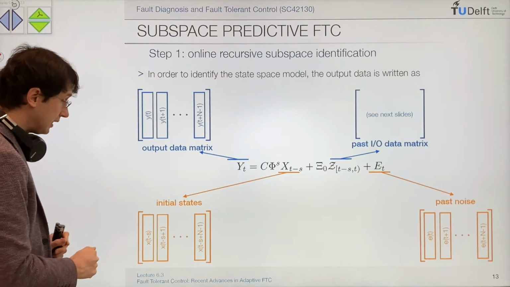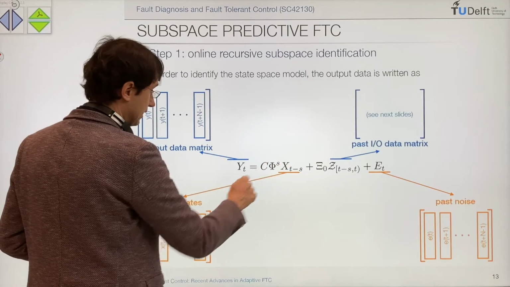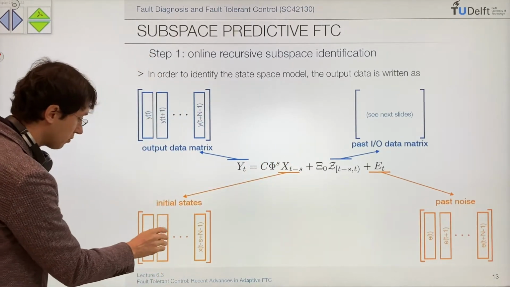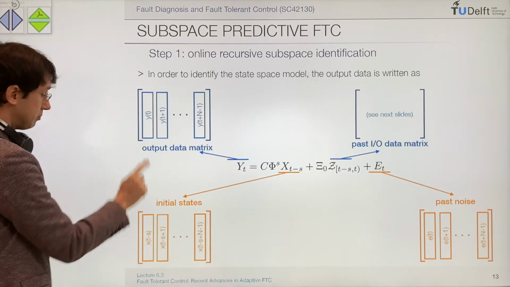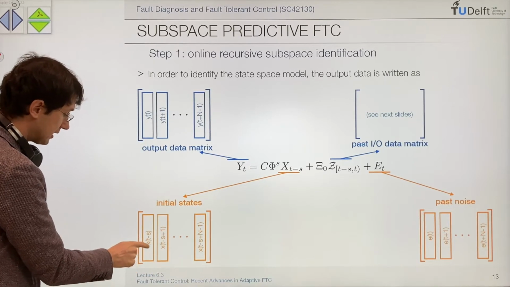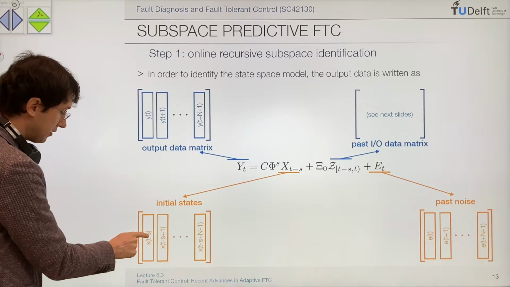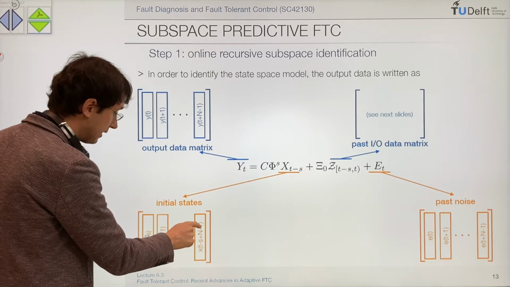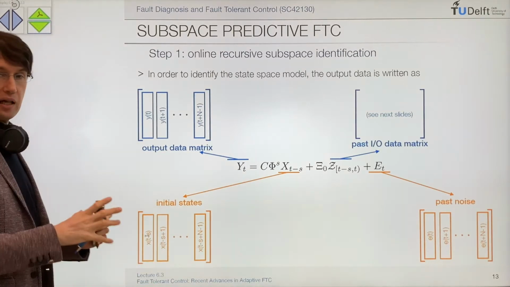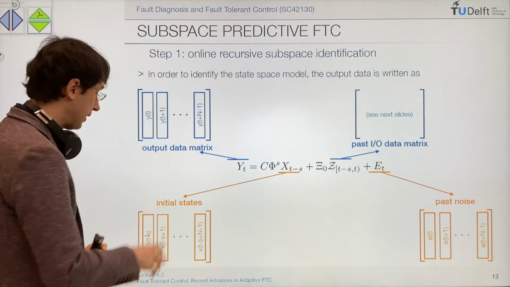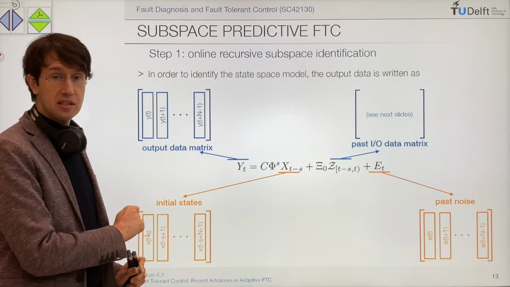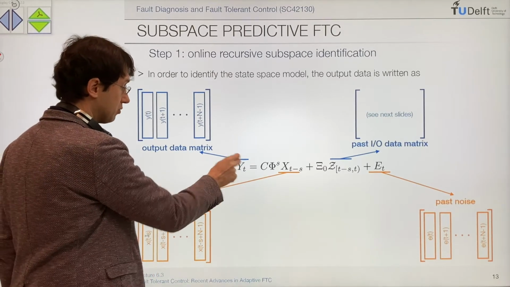One is the matrix X. The matrix X, similar to this one, is obtained by stacking columns, not of the output, but of initial states at some time t minus s up to t minus s plus n minus 1. Okay, a lot of indexes over time. But anyway, these are the effects of the initial states on the dynamics of the system, on the output signal.